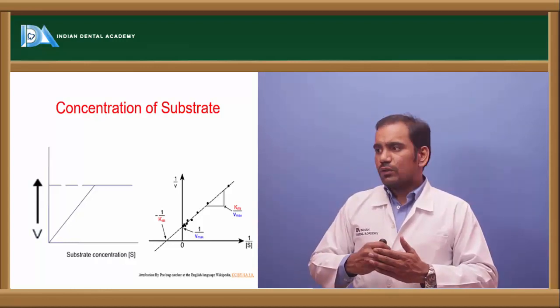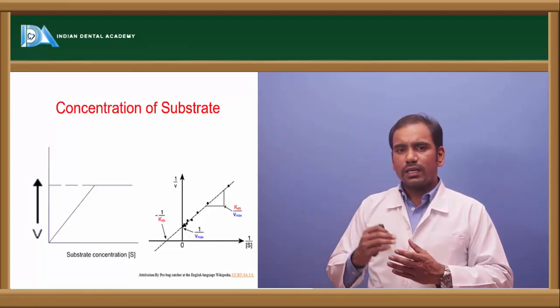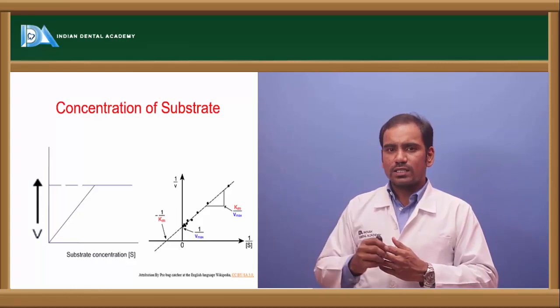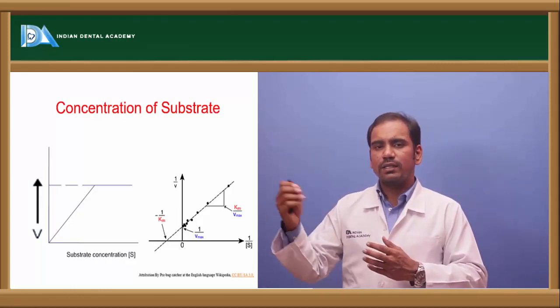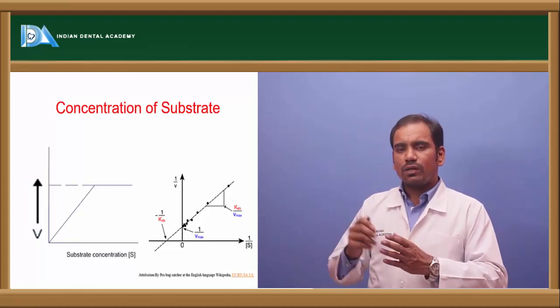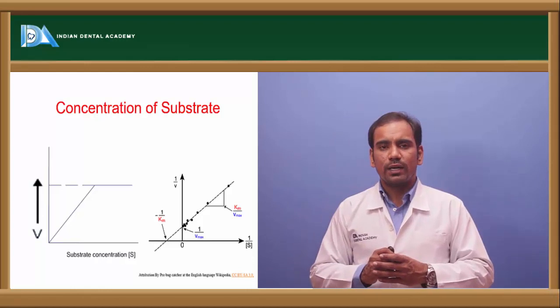Right? So that obeys first order kinetics, and beyond a particular concentration of substrate there is no further increase in the velocity of the reaction, and from there onwards it obeys zero order kinetics.